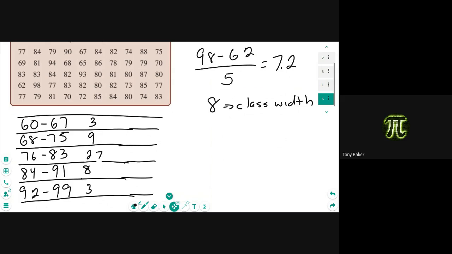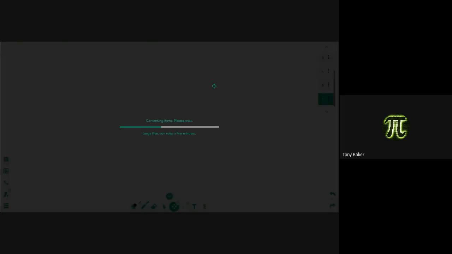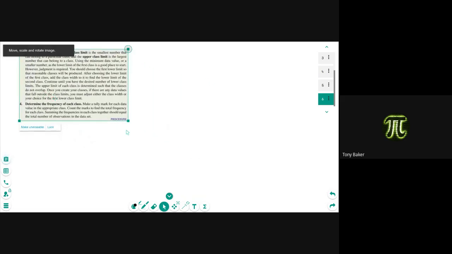So we have our class width. We found, so actually we did all this already. I will show you officially and put it in the notes. We found our class limits.